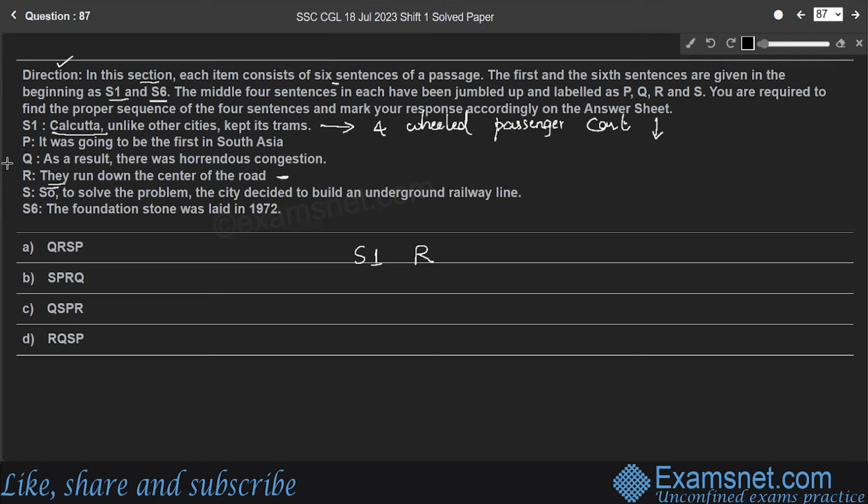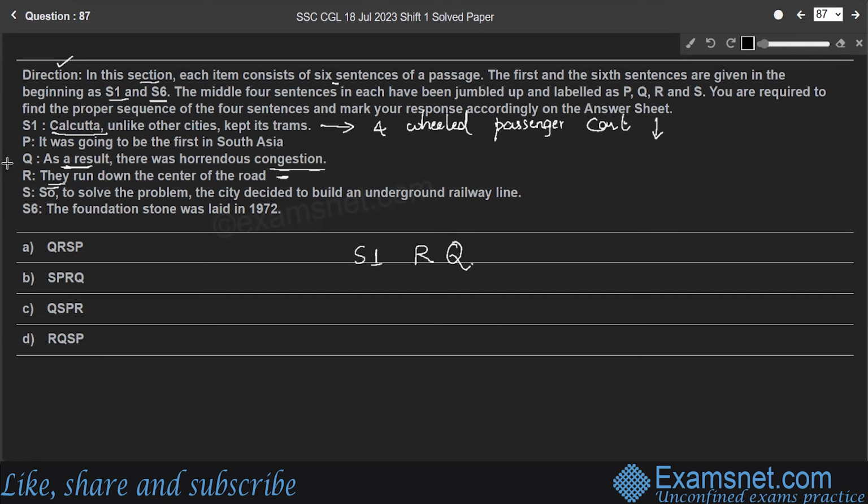And moving further, they run down the center of the road. As a result, sentence Q: as a result, there was horrendous congestion. Therefore, after R, the sentence Q comes.